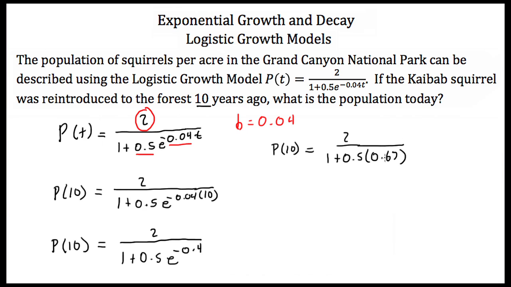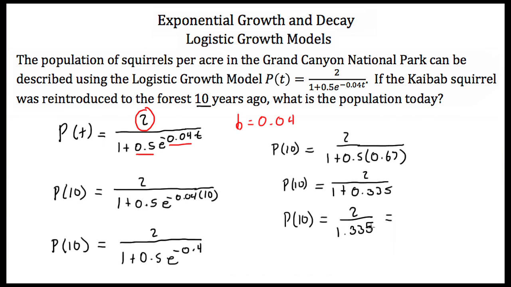0.5 times 0.67 is about 0.335, so this is 2 over 1.335.